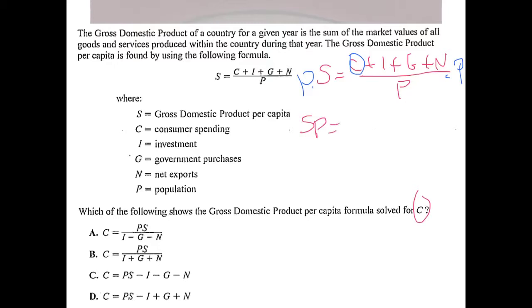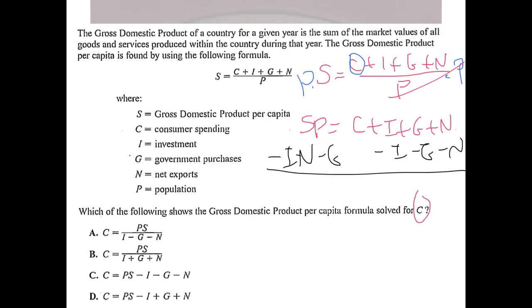That leaves us with SP is equal to, and here's a hint, C plus I plus G plus N. Is C by itself yet? Nope. So I'm going to subtract I, subtract G, and subtract N from both sides.